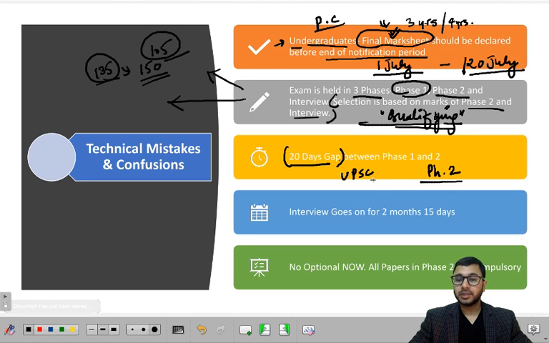Majorly UPSC aspirants take these 20 days as the serious days for preparation, and they're able to crack it just because in phase 2 they are well prepared in ESI and English automatically, because if they're preparing for UPSC they are well prepared in these two areas.